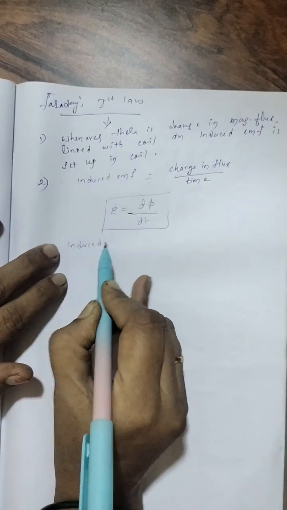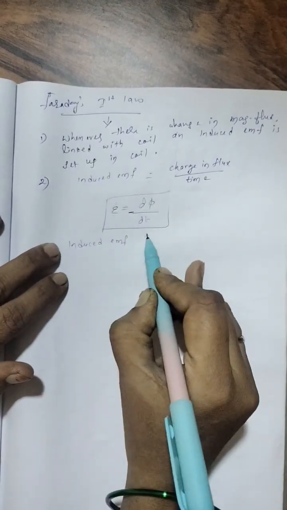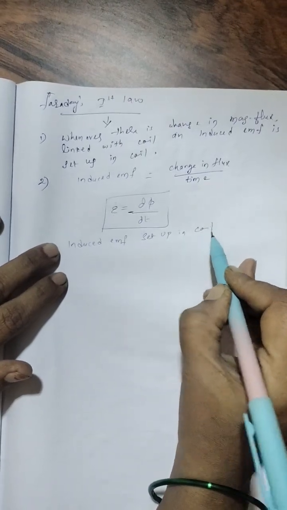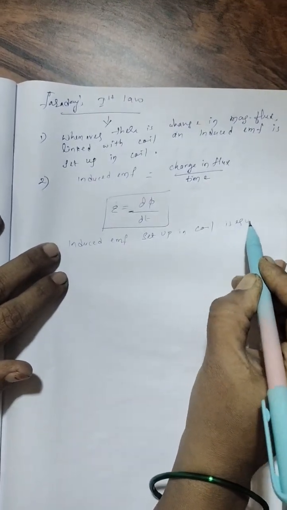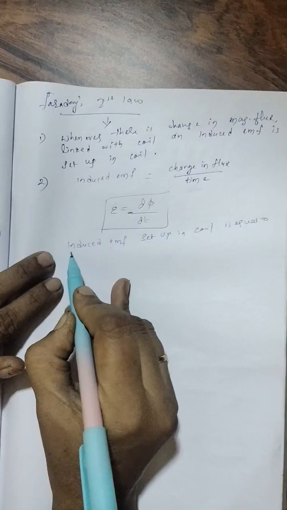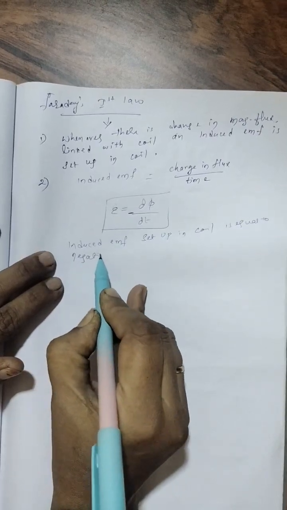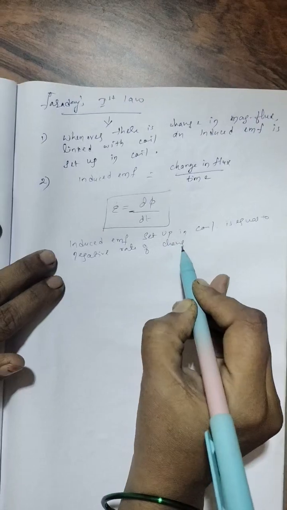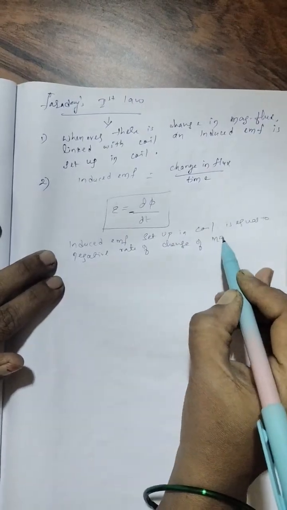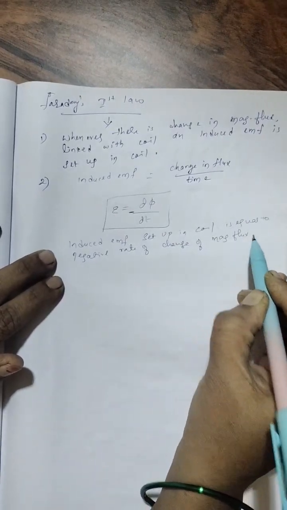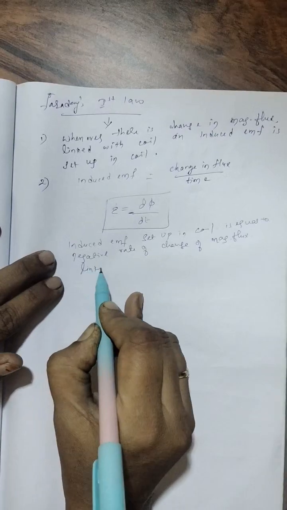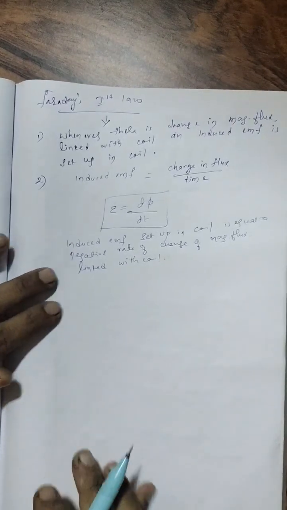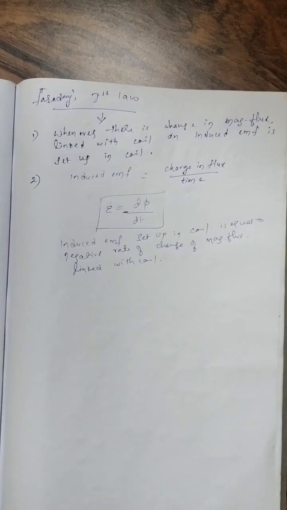The induced EMF established or set up in a coil is equal to the negative rate of change of magnetic flux linked with a circuit or linked with a coil. This is Faraday's second law.